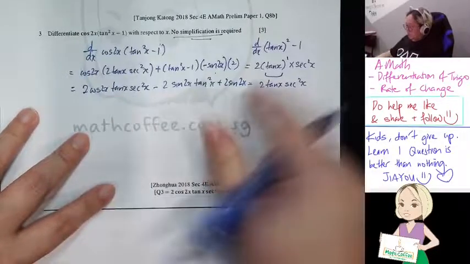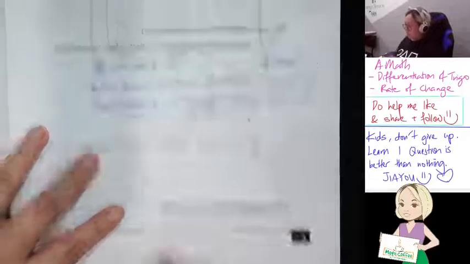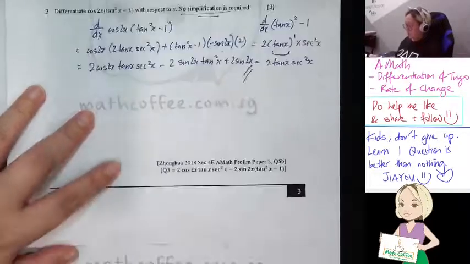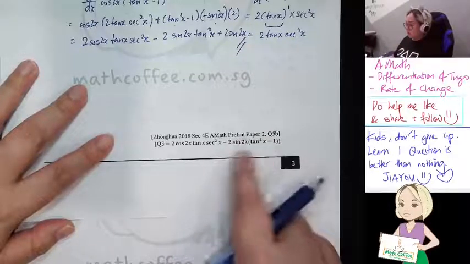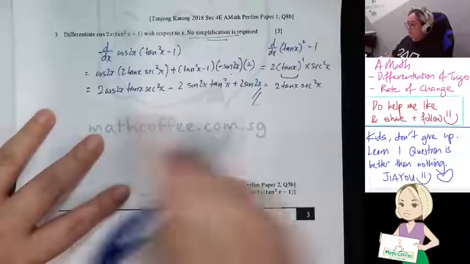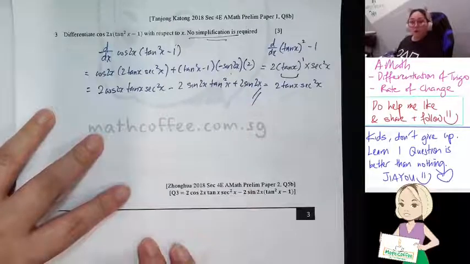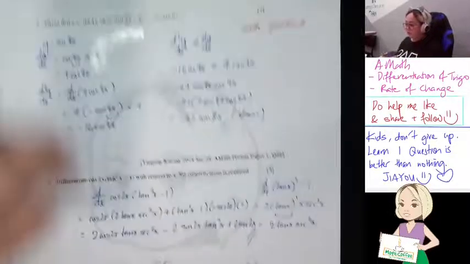Okay, you can leave it in this form. Over here they didn't use brackets, but if you want to, you can also. So this is fine. That's for question 3.